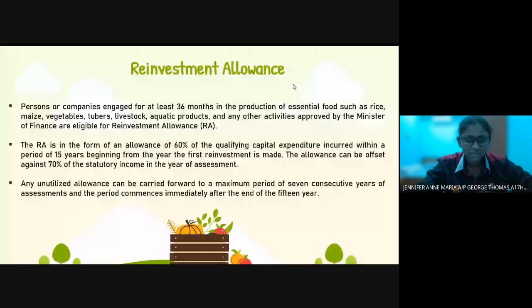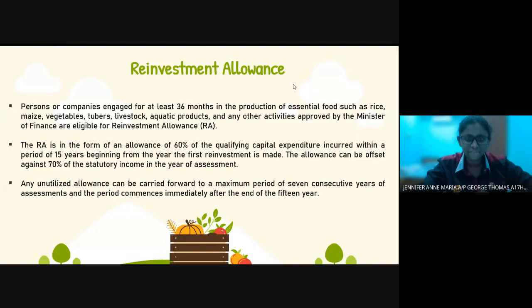The claim is limited to 15 years of assessment only. The allowance can be set off against 70% of the statutory income in the year of assessment. With effect from the year of assessment 2019, unabsorbed reinvestment allowance will be accumulated up to the end of the 15-year assessment. After that, it will be carried forward and must be utilized within a period of 7 consecutive years of assessment, and any reinvestment allowance will be deemed zero at the end of the 7th year.